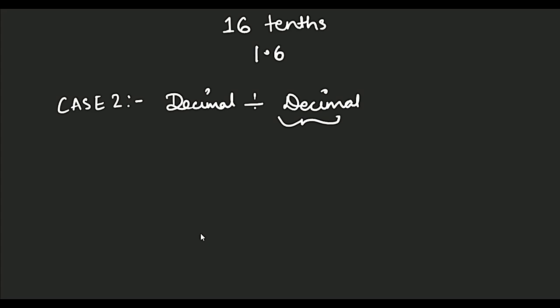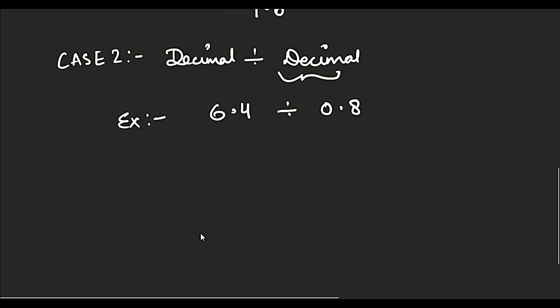Now what's the logic here? Take an example: 6.4 divided by 0.8. You see both of the numbers are decimals, and my divisor is also a decimal. So here comes the rule. The rule says to make your divisor a whole number.